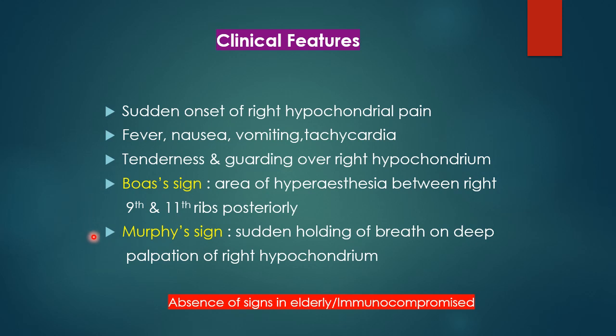And Murphy sign, the sudden holding of breath on deep palpation of the right hypochondrium due to the inflamed gallbladder hitting your palpating hand, and that causes pain. It stops the patient from holding his breath. The last thing I have to mention is absence of signs in elderly patients and patients who are immunocompromised. So elderly patients and patients who are diabetics or immunocompromised may have minimal or no symptoms or signs.